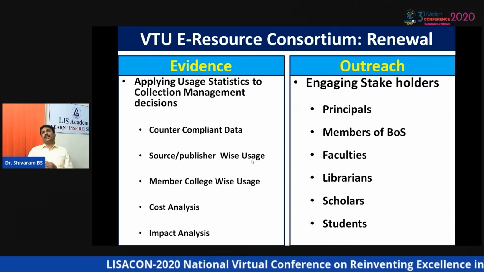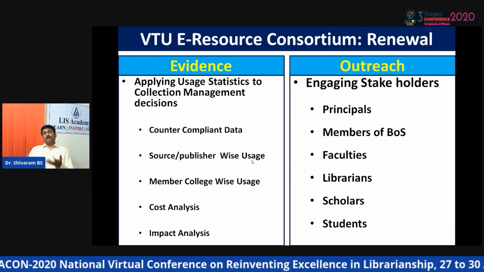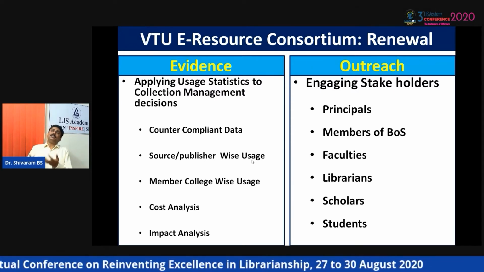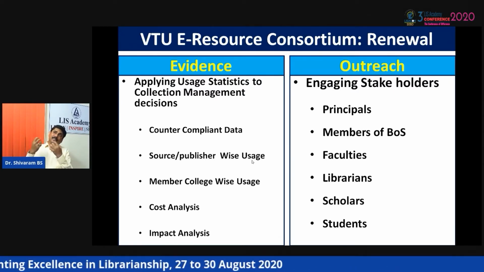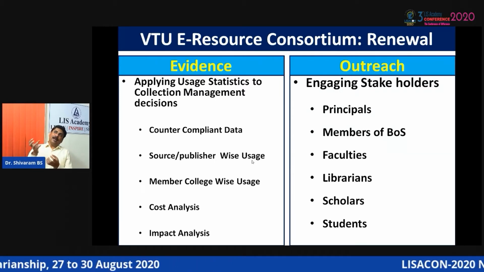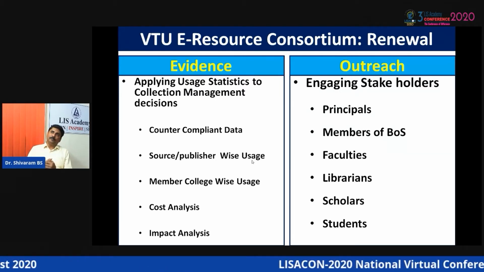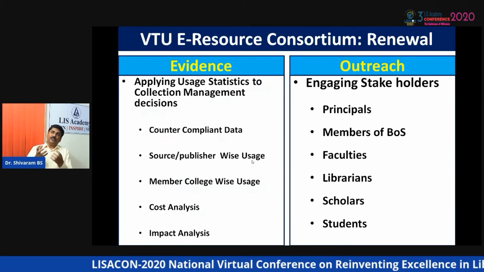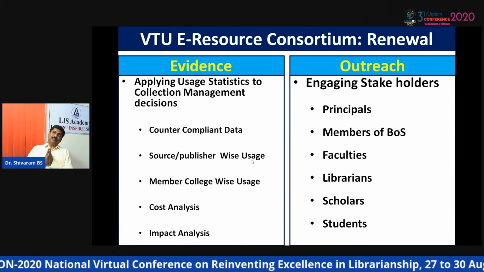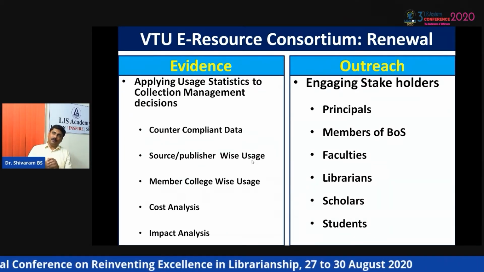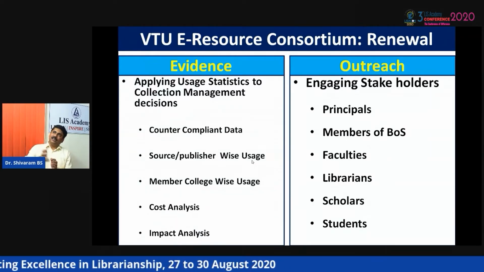And we also carry out an impact analysis: what publications are published by these member colleges, and from their references, we map to the consortium resources, to see whether the VTU community has really referred to this content to write those papers. I will be demonstrating with sufficient data on that.